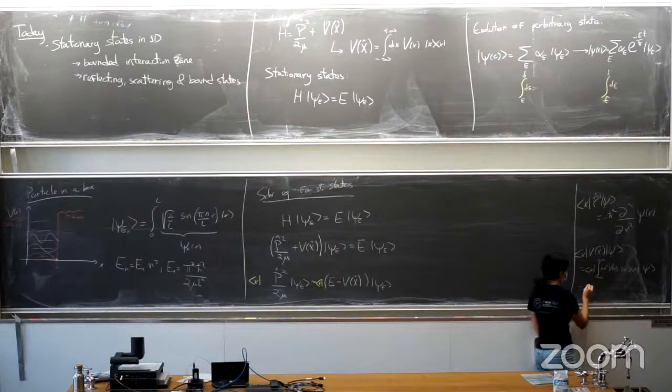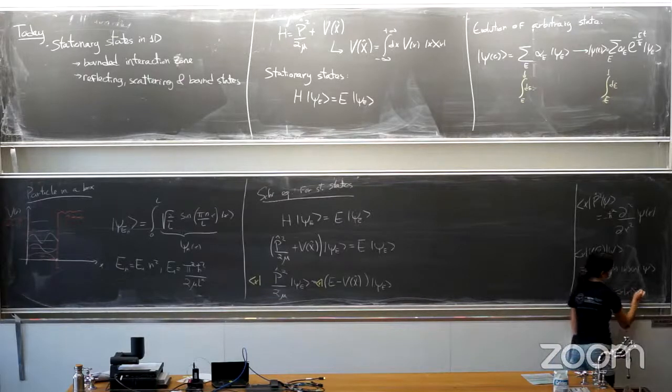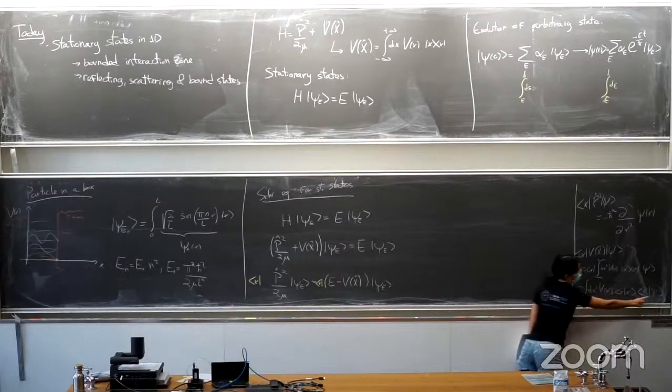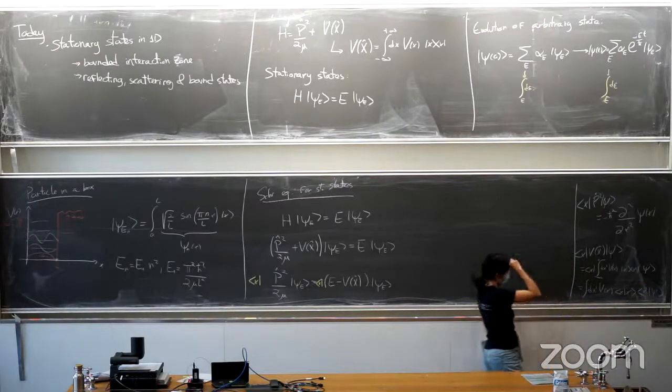So then you end up with dx, dx prime, V of x prime. And then we have this inner product, and then we have this inner product. And this we know is the Dirac delta. And this is just a position wave function, right? So then we end up with what I will write here.